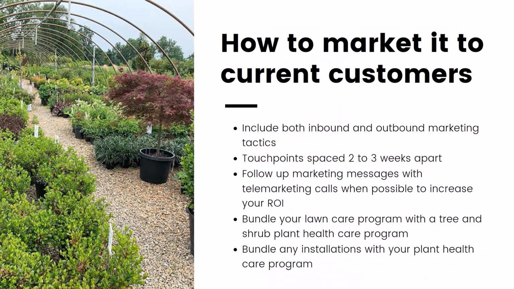Was the application done that week and there's no curl on those weeds? Something weather related may have happened, something with the application may have happened, and we could, in essence, have a longer term customer that was more likely to refer other customers to us just because we were more proactive on that. And it gives you the opportunity to bundle your lawn care and your tree and shrub programs together.